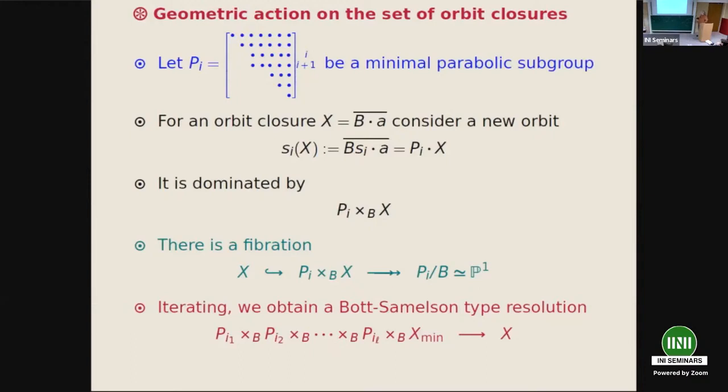But this is for any semisimple group, you can do the same, except that for other semisimple groups, this X-min might already be singular. So in type C, already the starting point, the minimal orbit, is singular. But having a resolution of this minimal orbit, you can create further resolutions of further steps. Okay, so this is the geometry behind it.